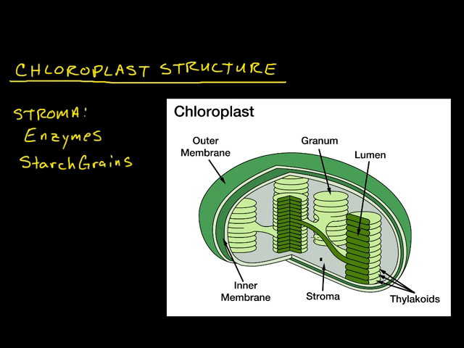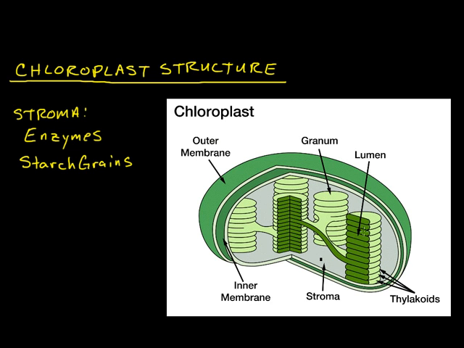And so these inner membranes here, which we would call thylakoid membranes, form little stacks that look like little buttons or little pillows, and each of those little pillows is called a thylakoid, and they are hollow.